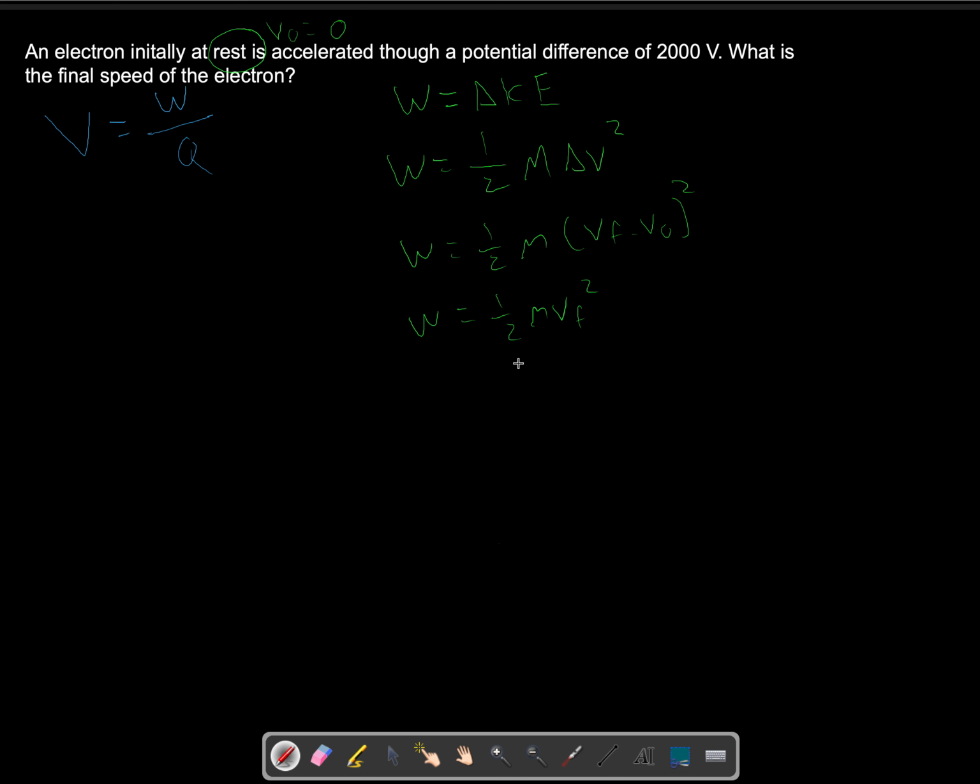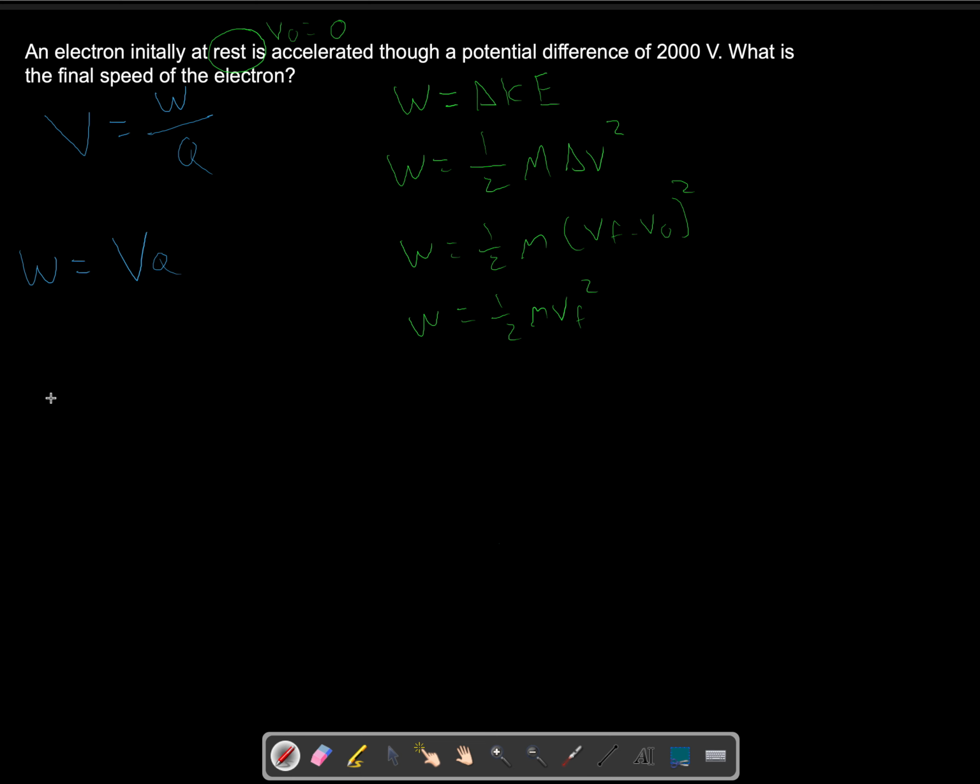But what is the work? Well, going back to my lovely equation over here, I get that the work done is simply the voltage times the charge. I'm going to write it as Q times V because that looks more aesthetically pleasing, but it's mathematics, it doesn't really matter. So now I can connect my two equations.